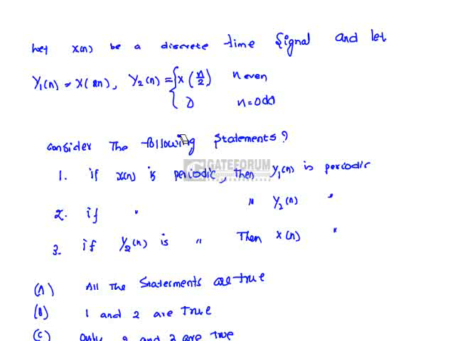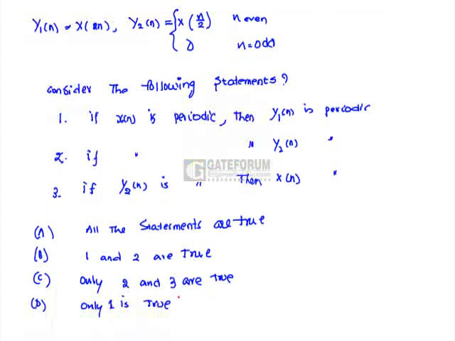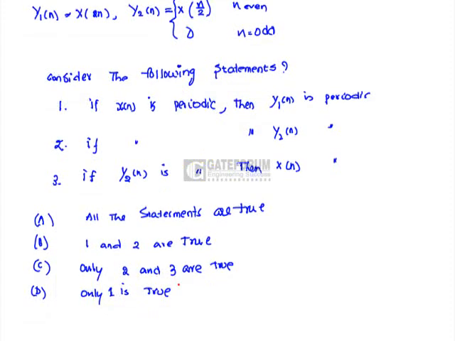Coming to y2 of n, x of n by 2 introduces one zero sample between every two successive samples. So it's also not going to affect the period, because introduction or removal of samples doesn't affect the periodicity. Hence all the statements are correct, and so option A is correct.